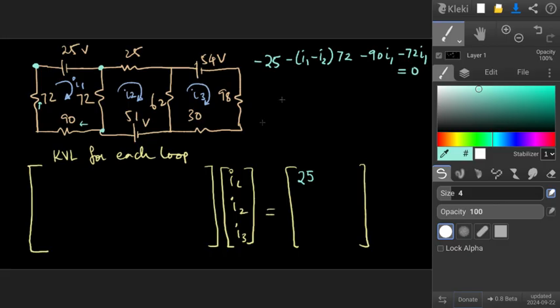The same thing I will write directly here. All the voltages will be transferred to the right hand side. It will become the B matrix or B vector. And here, let's make a grid kind of thing.